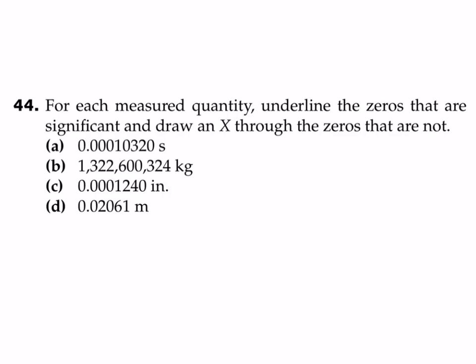It says underline zeros that are significant and draw an X through zeros that are not. Question 43, you have the answers to in the back of your book, so you should do fine with this.